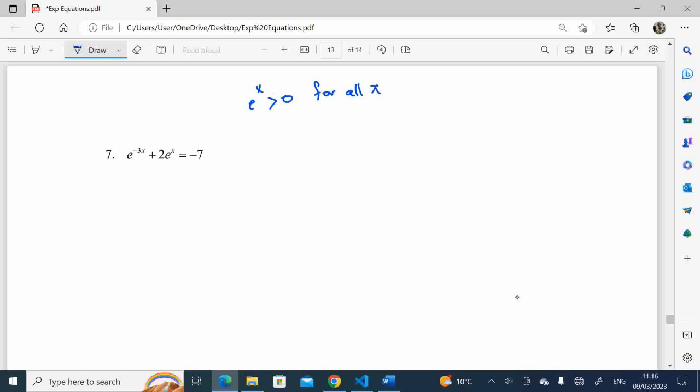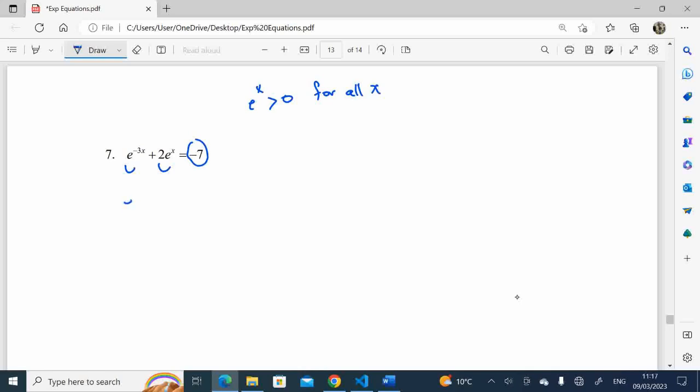Hence, this term should be strictly positive, and this term should be strictly positive. So adding two strictly positive values will never be negative 7. So this equation will never be satisfied for all values of x, right?